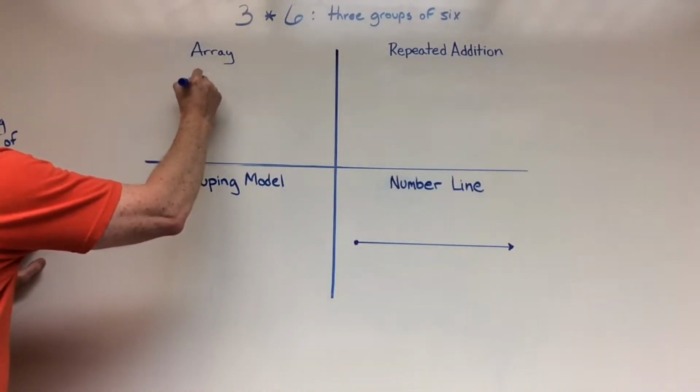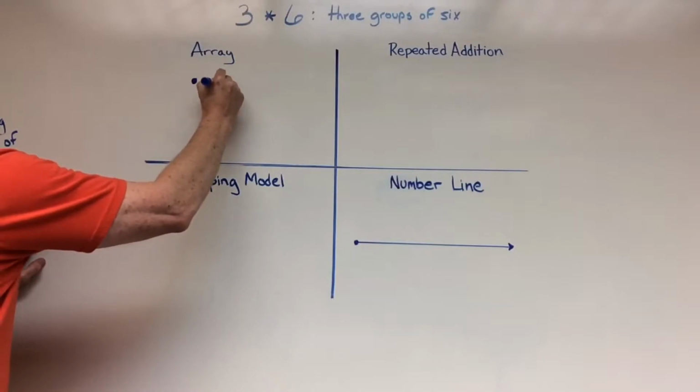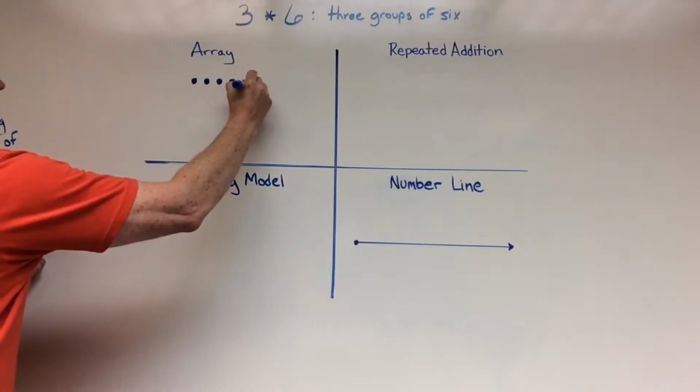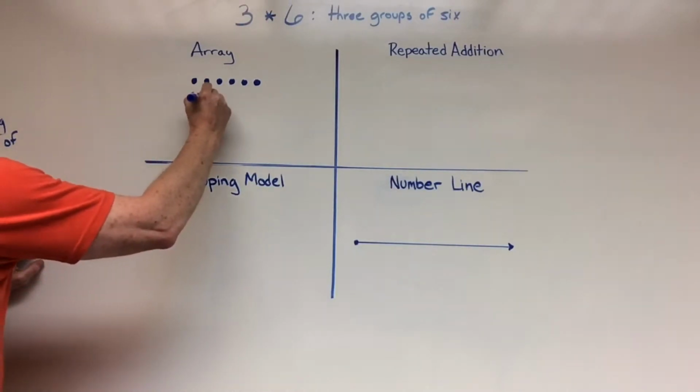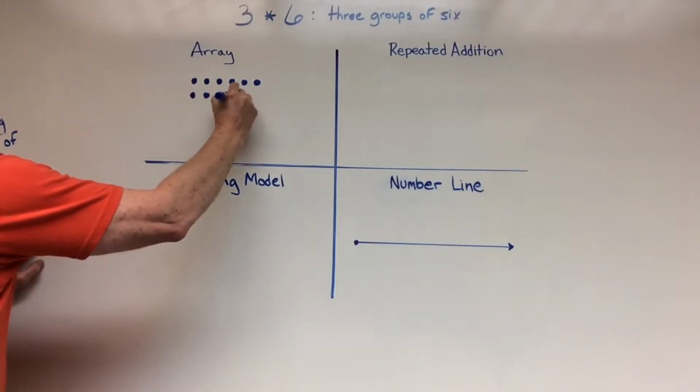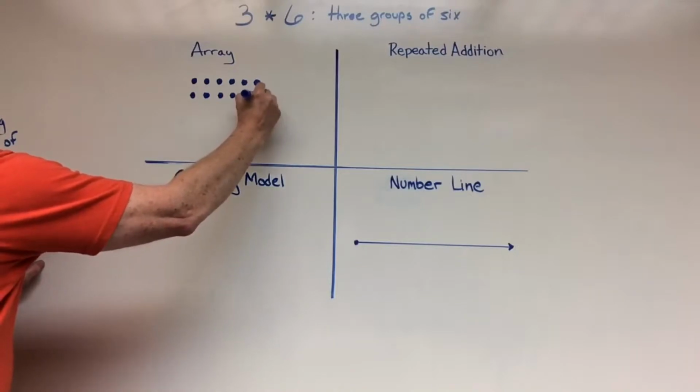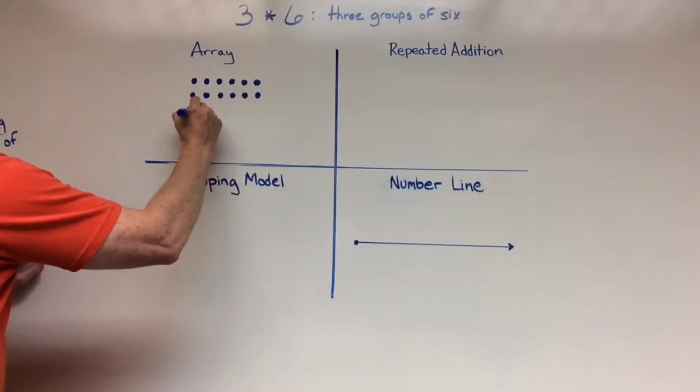So my first row of 6 looks like that. Then my second row of 6. And finally my third row of 6.